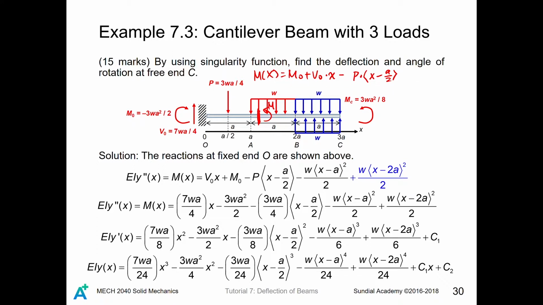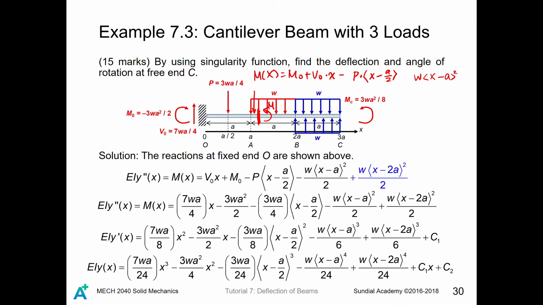The distributed load on the left-hand side of this cut cross-section is given by W times corner bracket x minus A. Also, the resultant of the distributed load will be located in the middle, right? So it will be a distance of x minus A divided by 2.